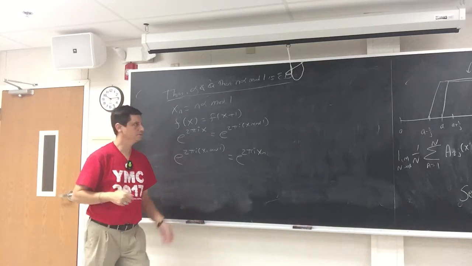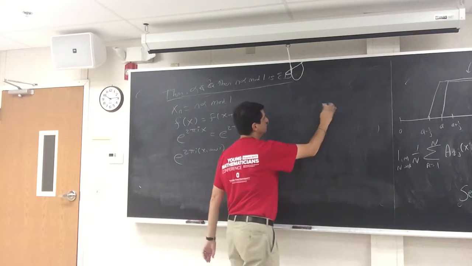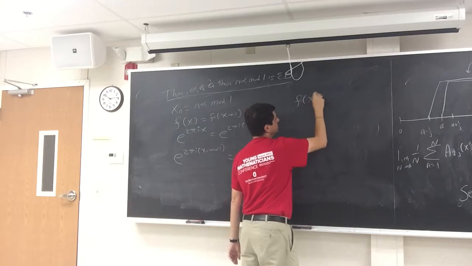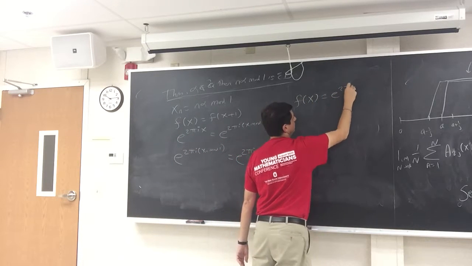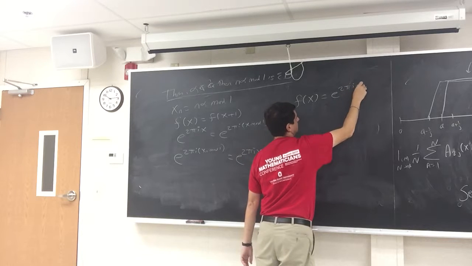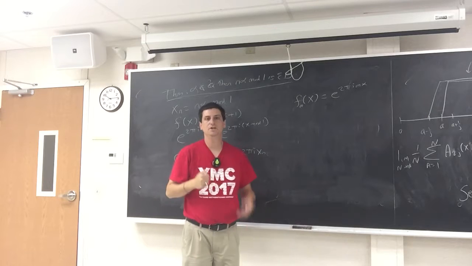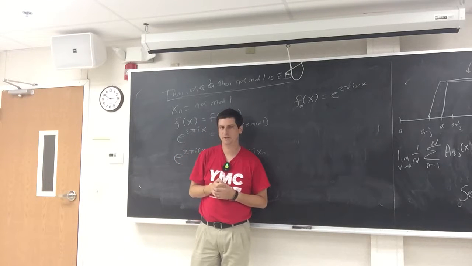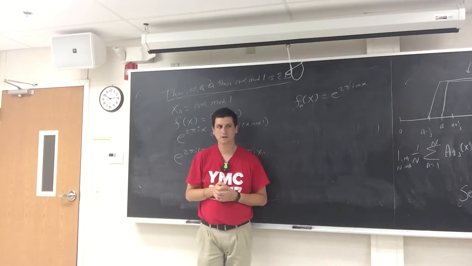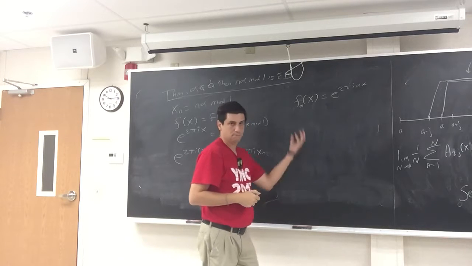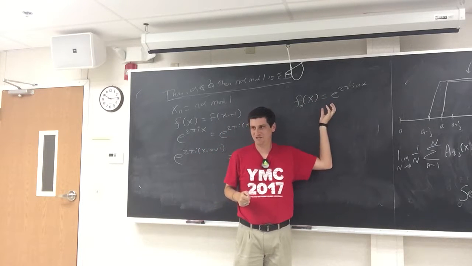Why does this matter? Well, let's consider f(x) equals e to the 2 pi i m x. And I'll put a subscript m to remind us that this is coming from that one. This is not the function we want to study, right?